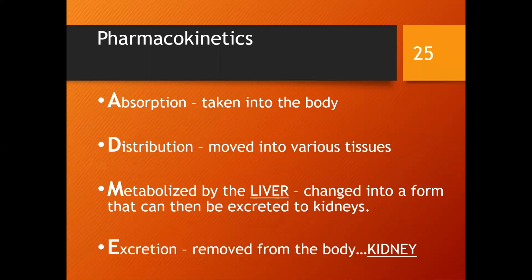Make sure you know that metabolism goes with liver. In the liver, it's changed into a form that can be excreted into the kidneys. So it changes the form of it. And then we go to excretion, where it's removed from the body through the kidneys. So metabolism is liver, excretion is kidney.